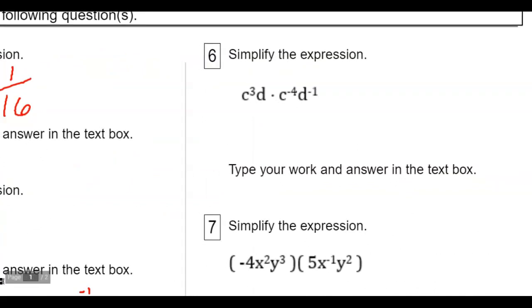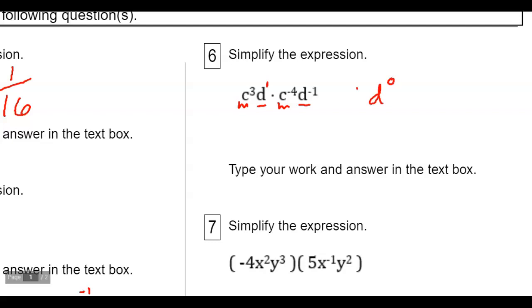All right, so we got some C's, those match, and then some D's, and those match. So remember, this is simplified, but really it's d to the first. So if I have d to the first and d to the negative first, that becomes d to the 0. That's going to cancel out.